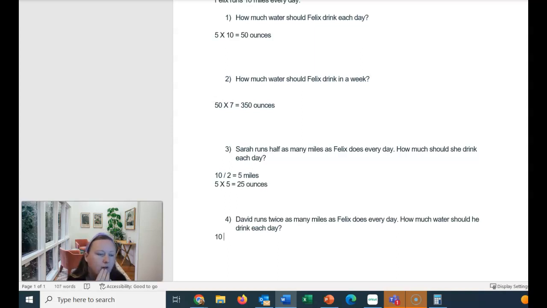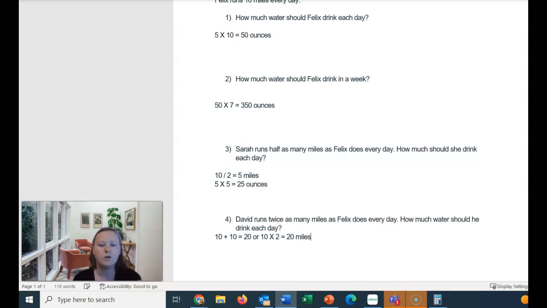How can I figure out twice as many? Well, I can just add another 10, right? 10 plus 10. Or I can do 10 times 2. So 10 times 2 equals 20.